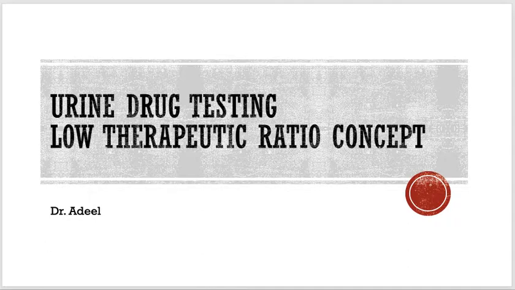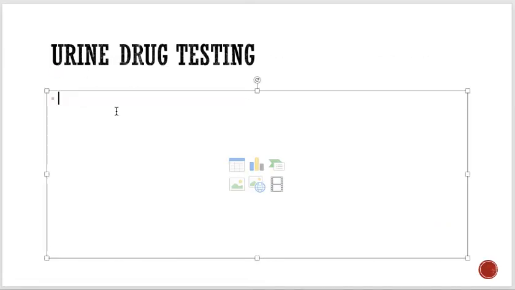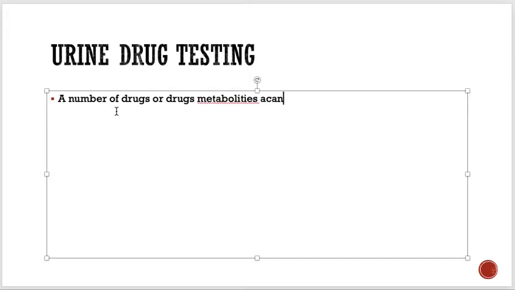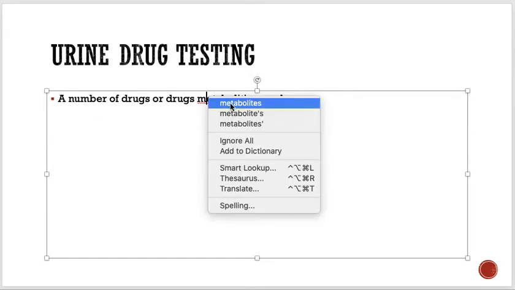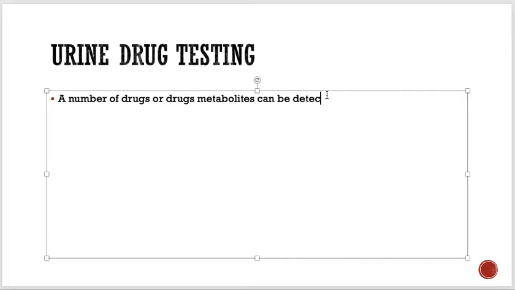Because a number of drugs or drug metabolites can be detected in the urine. So what we call it is urine drug screening or screen.